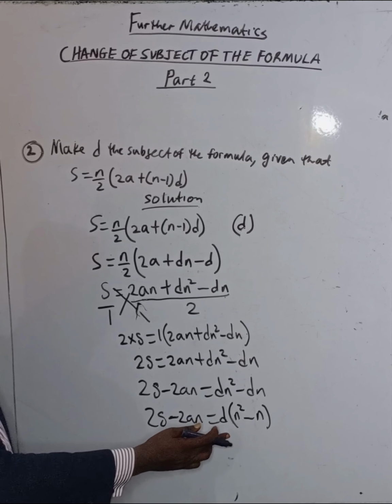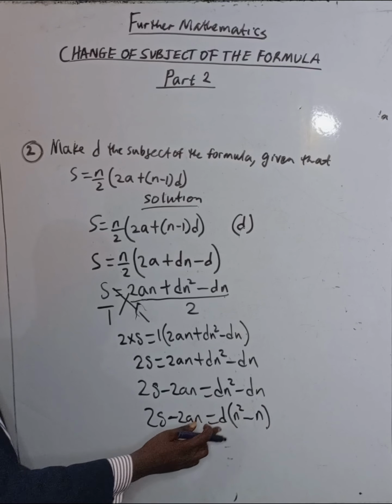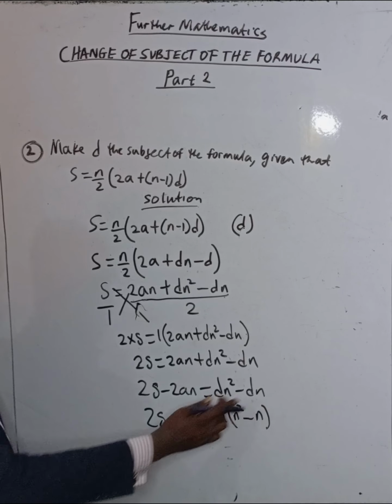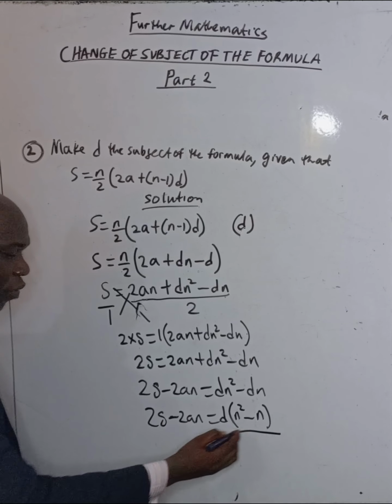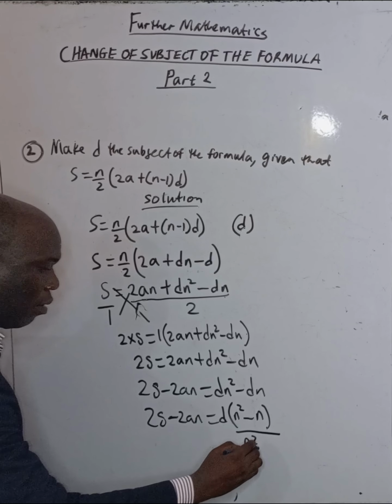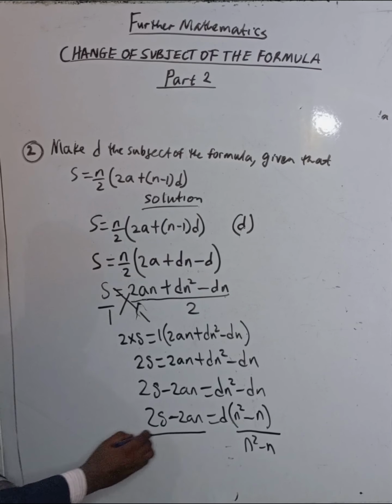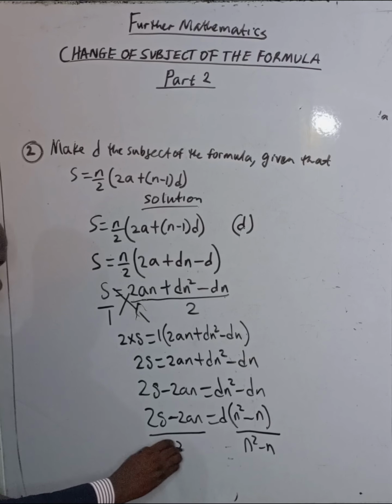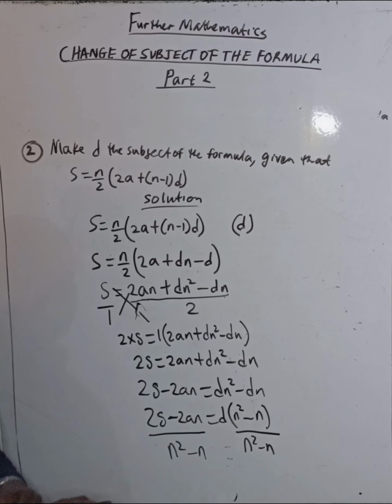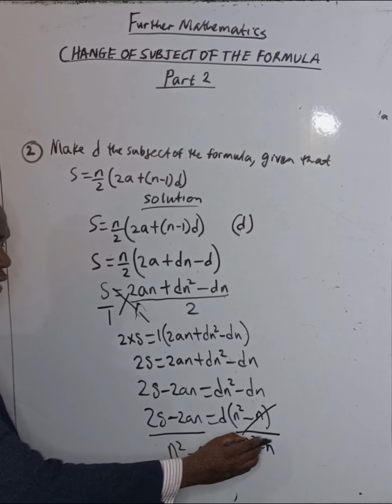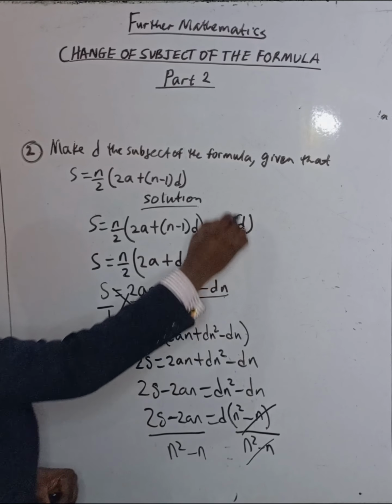We want to make D the subject of the formula, but this expression is with D. So we divide both sides by this expression, that's n squared minus n. This is n squared minus n. So this cancels this. What do we have left?